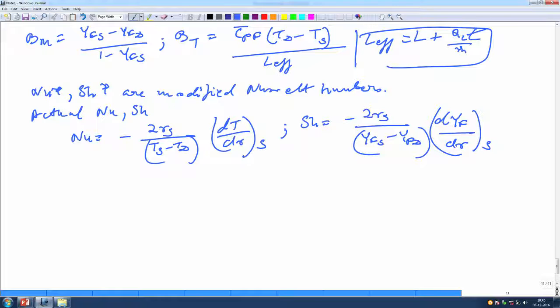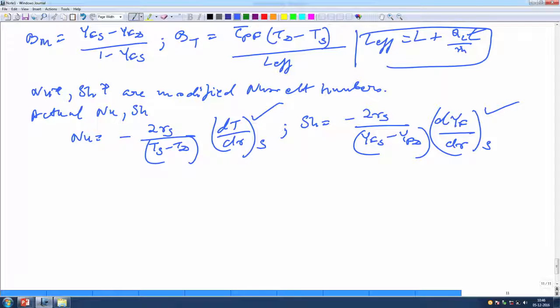Got it? These are the actual definitions of the Nusselt number that you can see over here. These are the two definitions of the Nusselt numbers that we have. This is the generic, right, the definitions.